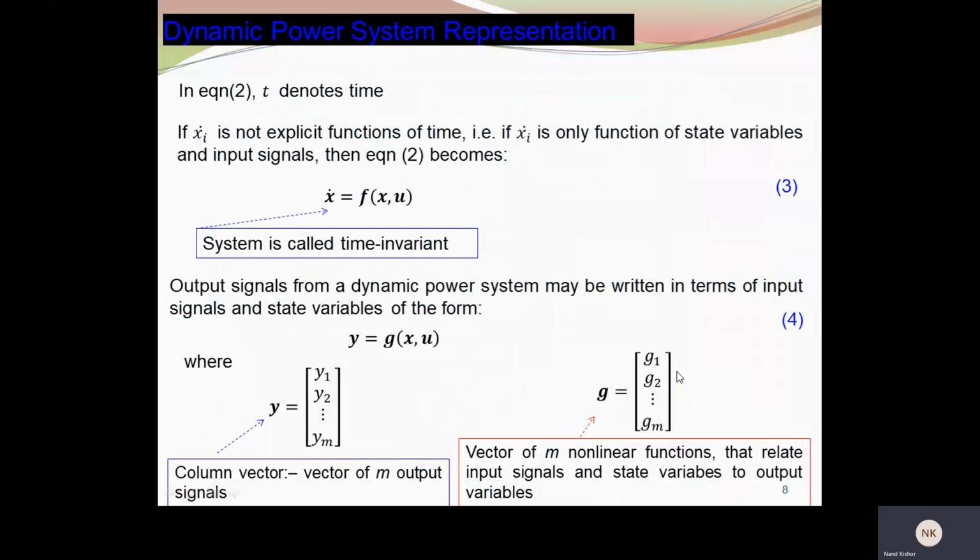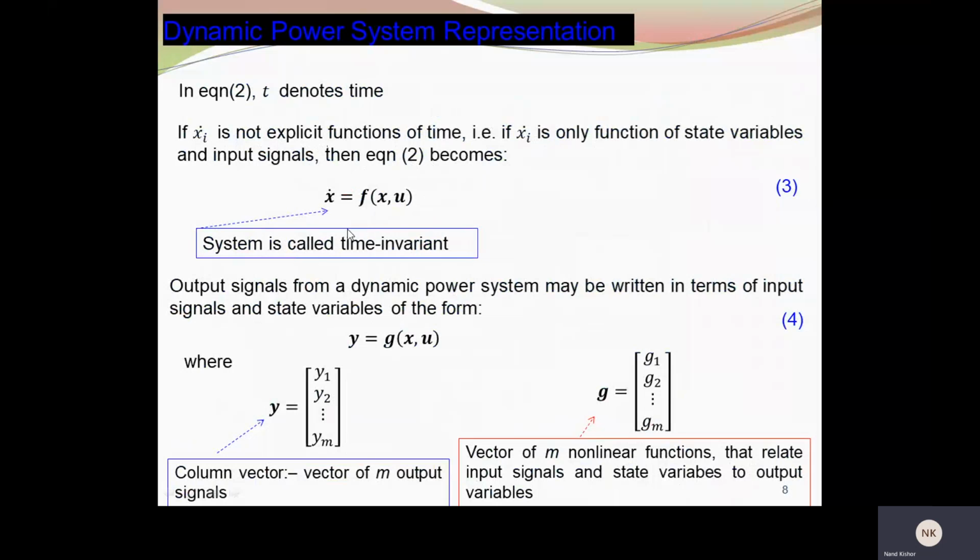We move to the next slide. We continue. From the previous equation 2, t is the time. Now, if xi dot is not an explicit function of time, that is, if xi dot is only a function of the state variables and the input signals, rather than having a time quantity in the equation, then we can modify equation 2.